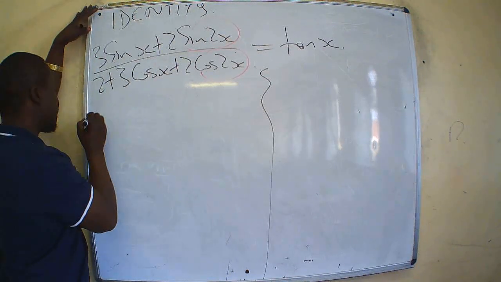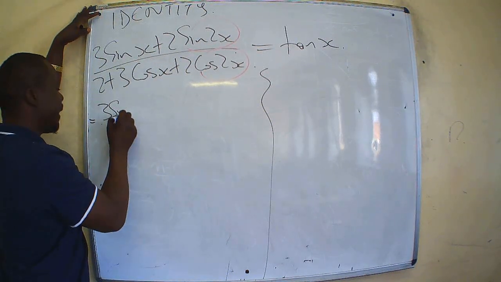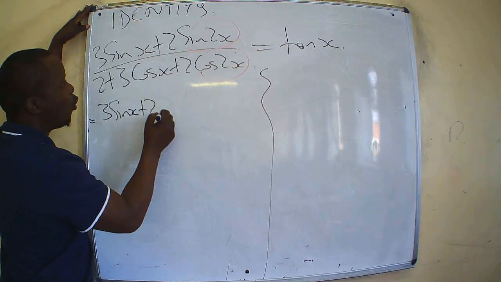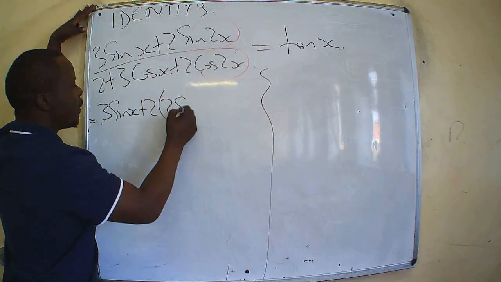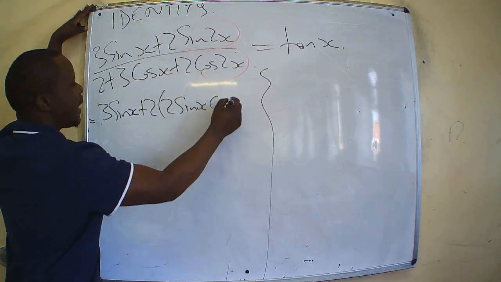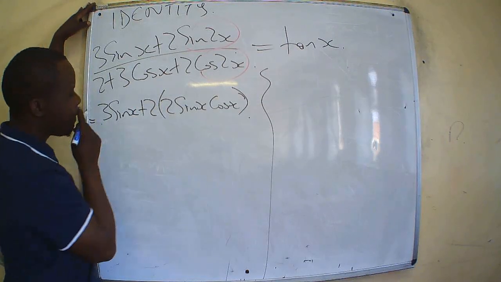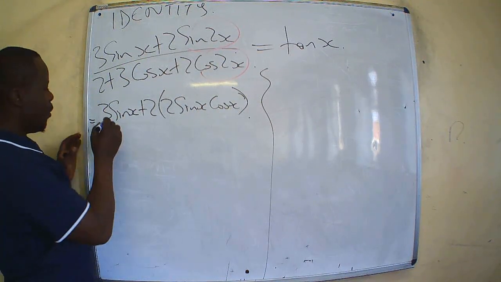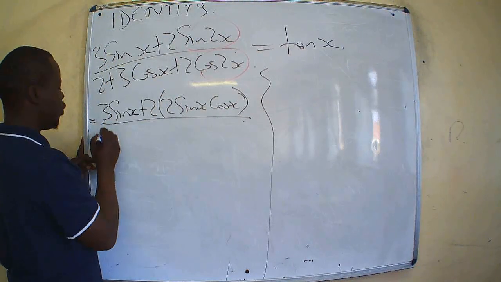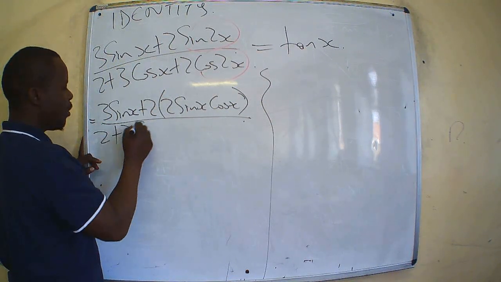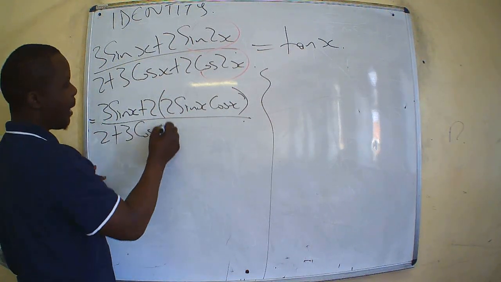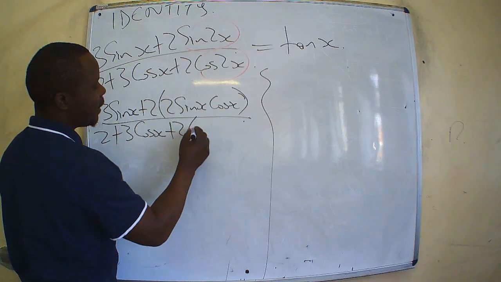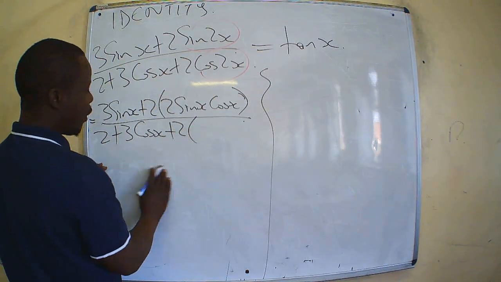So let us start. 3 sine x plus 2 bracket 2 sine x cosine x, the double angle for sine. Then we divide by 2 plus 3 cosine x plus 2 bracket, the double angle for cosine.